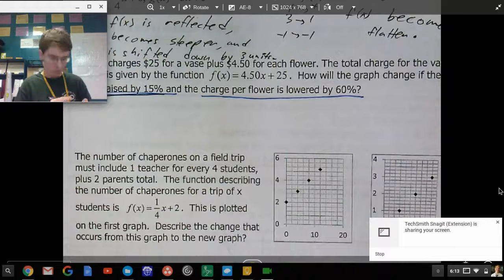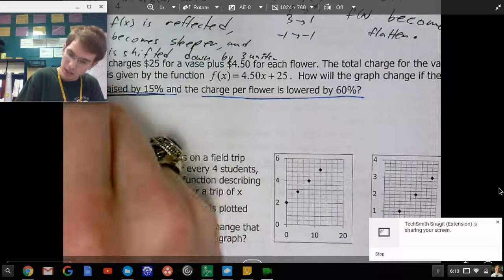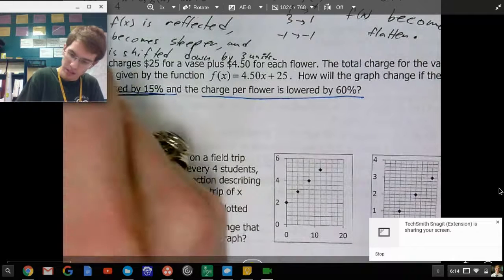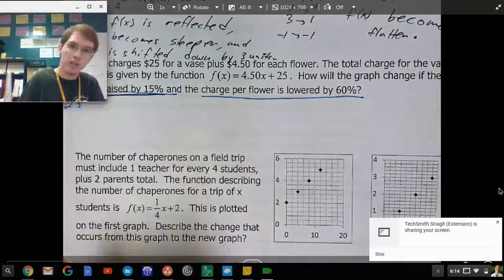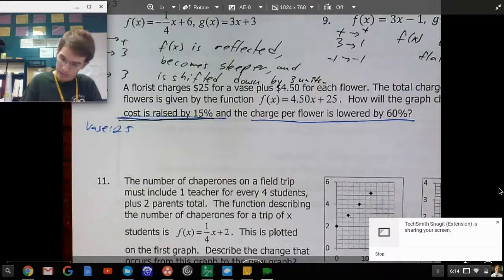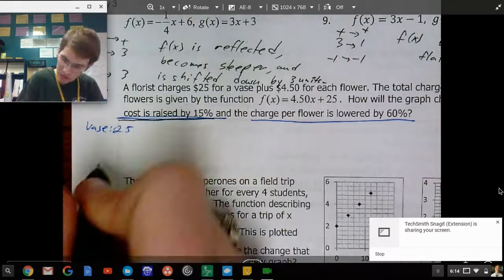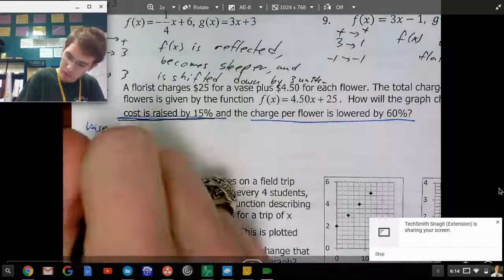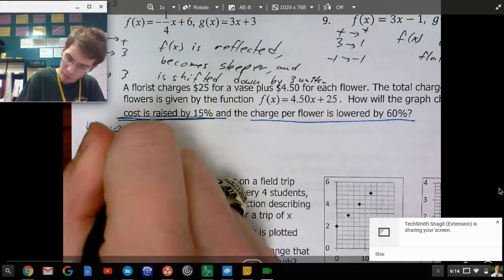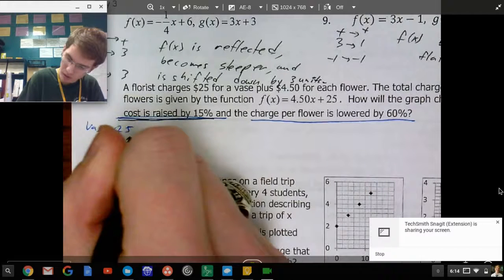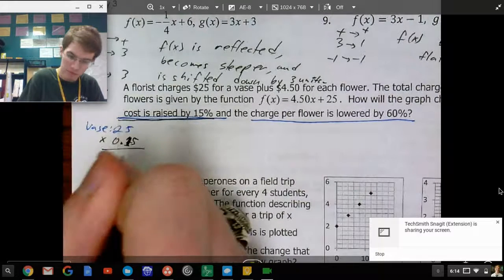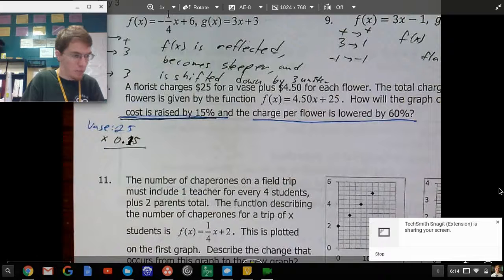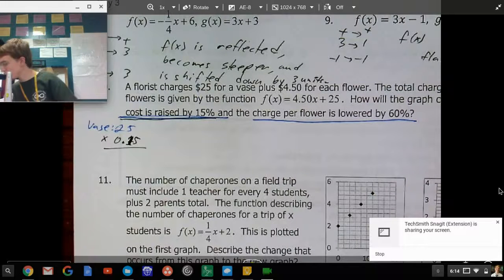All right, so we really need to figure out 2 things here. So we start out, the vase's cost starts out as $25. That's the vase's cost right there. Well, it says that it's going to be raised by 15%. That means we're going to multiply that by 15%, so 0.15. Let me grab my calculator again.